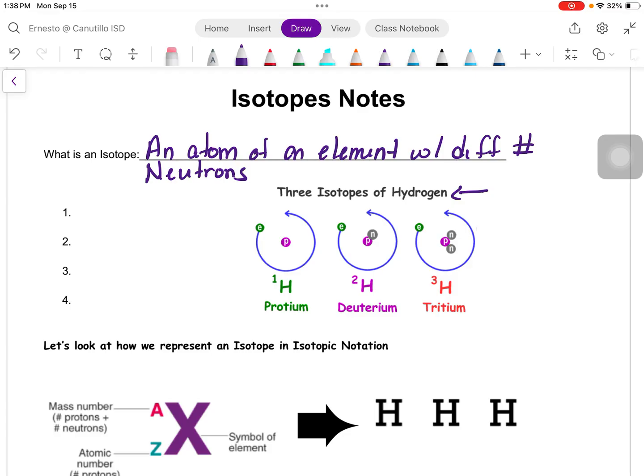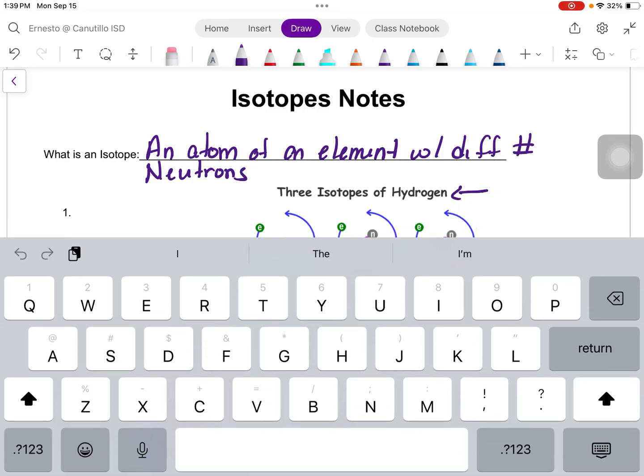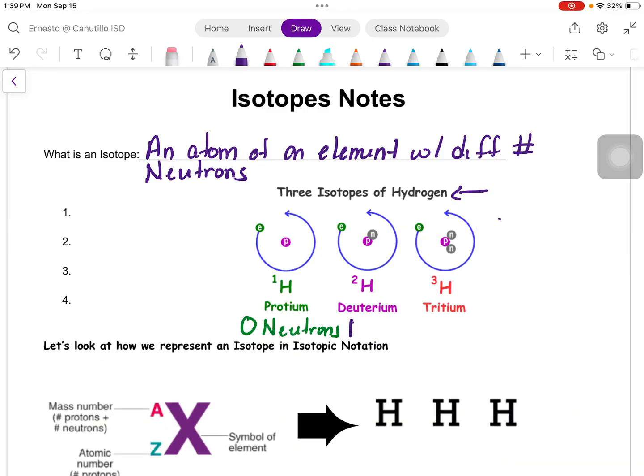If you take a look at the first one, protium, you can see that the nucleus has 0 neutrons. When you jump to hydrogen 2, or deuterium, inside the nucleus we now begin to see 1 neutron. And as we jump to tritium, you'll notice that tritium has 2 neutrons in the nucleus.